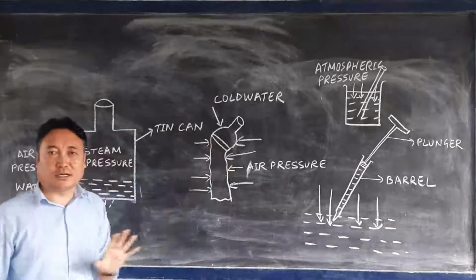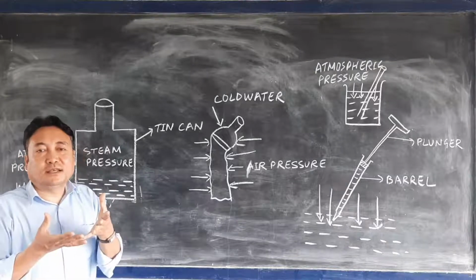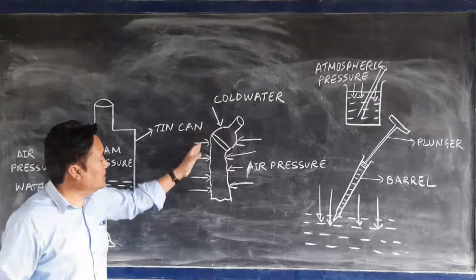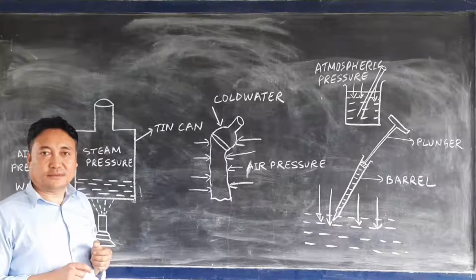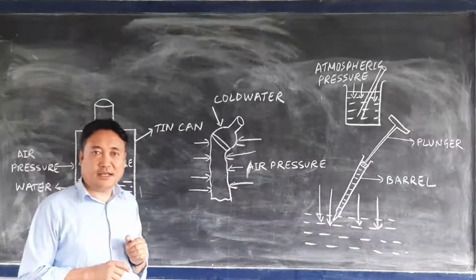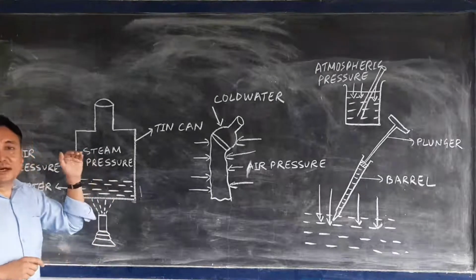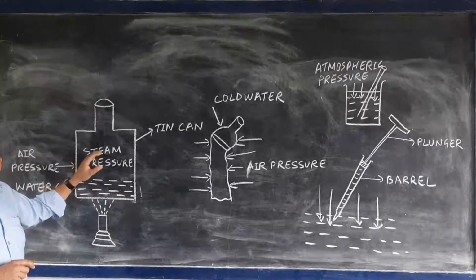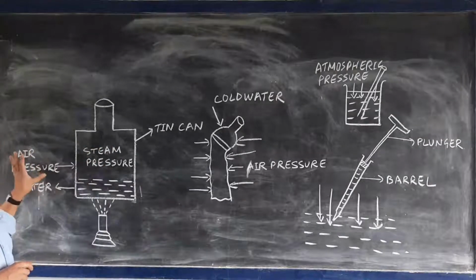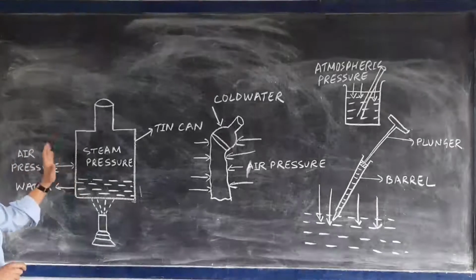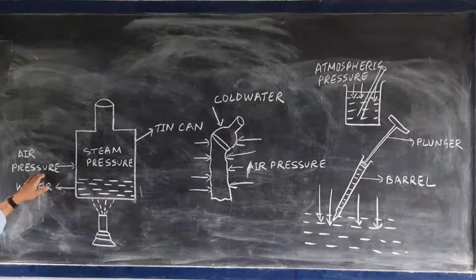Once you pour the cold water, the tin collapses, or gets crushed from inside. That means all the sides of the tin can get crushed. How does it happen? Initially, the pressure inside the tin can is equal to the atmospheric pressure outside the tin can, because outside the tin can the air exerts a pressure, which we call atmospheric pressure, air pressure.